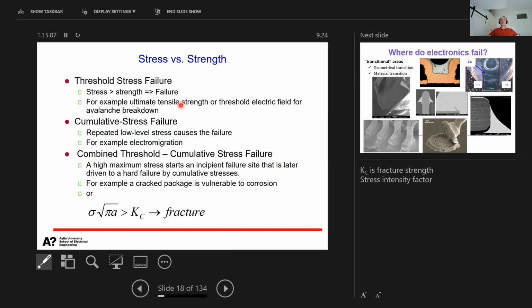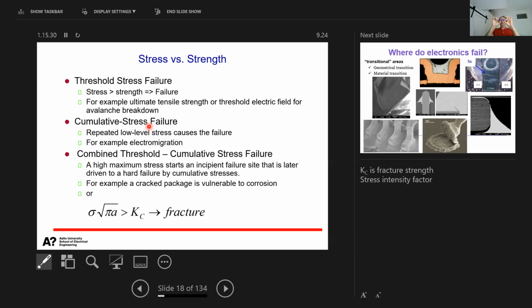But we have also other types of failures. Another one which is relatively straightforward is the cumulative stress failure. So let's come back to this stupid pen example. If I just start increasing the stress, then we exceed the strength and it's a failure.